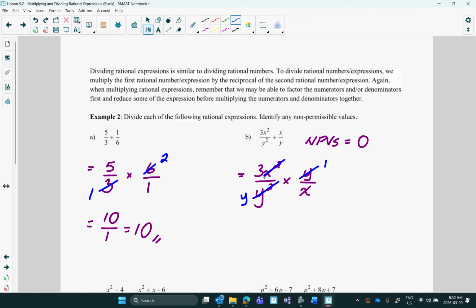I can divide by an x, and I'm left with x up top and 1 here. So I'm left with 3 times x times 1, which is 3x, over y times 1, which is just plain old y. And we're done.